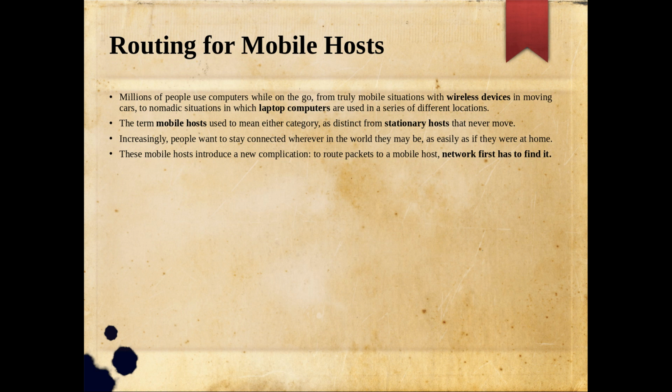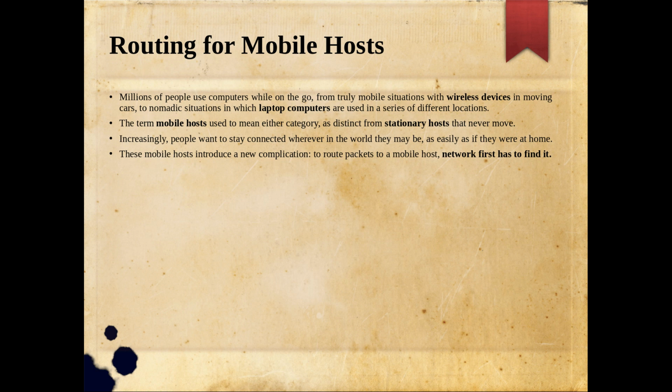As the device moves from one location to another, its network address could change, right? When it moves from one network to a different network, a different address will be given to it, and at that time, how will the device be located first? That is the first thing. Once the device is located, how will the routing be done?